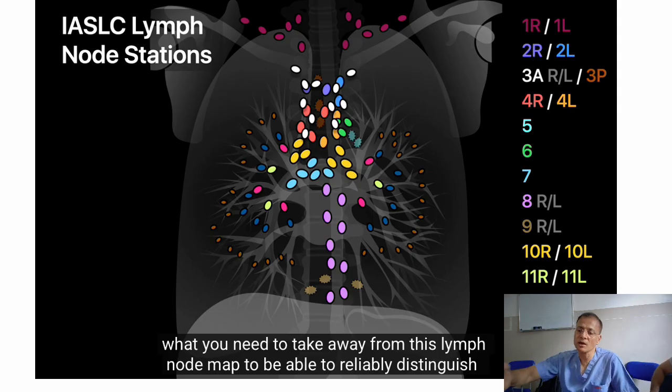So now this is the huge picture shown by the IASLC. Among that, we have to define where is the boundary between the 1R, 1L and the mediastinal, because this group of lymph nodes is the 2R, this group is the 1R. If you misclassify the 2R as 1R, this will be N3 disease. This makes a huge difference.